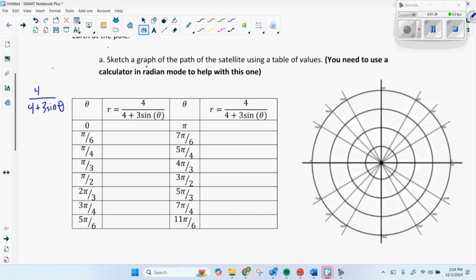The sine of 0 is just 0 because that point is 1 comma 0. And so this just ends up going away, and I have 4 over 4, and so this is actually just 1.